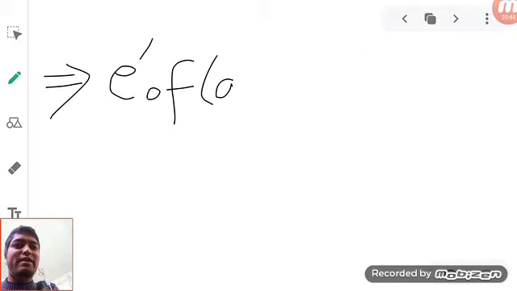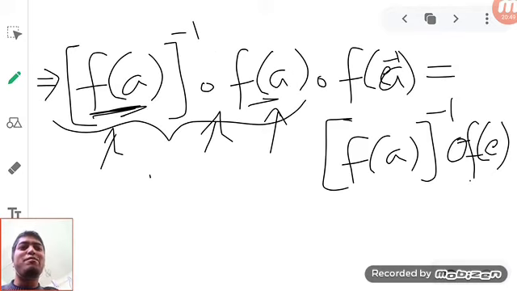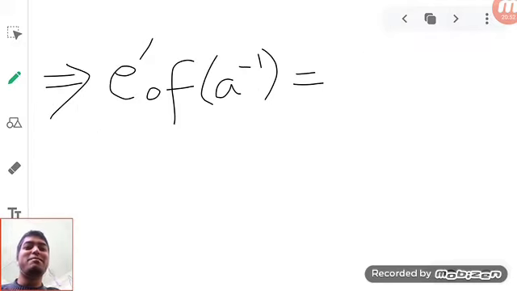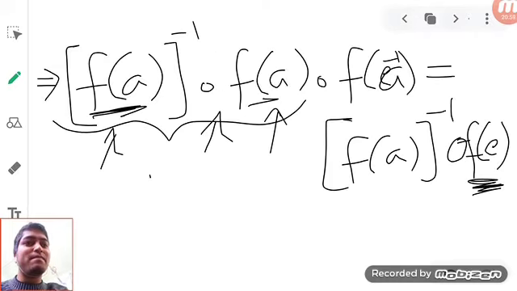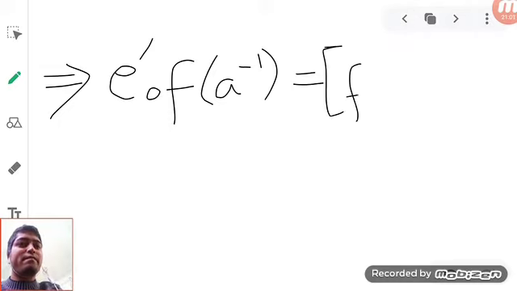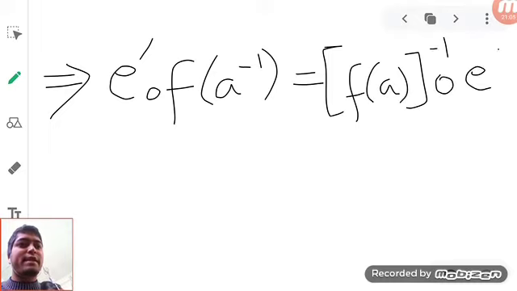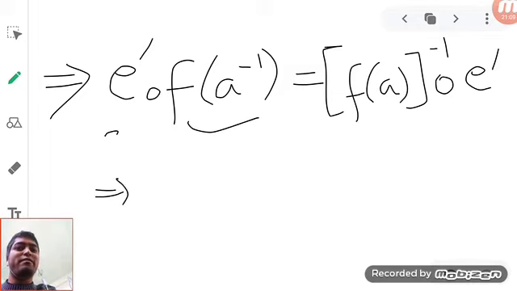times Fa inverse. And from the first theorem, how much is Fe? The first theorem says that Fe will be equal to E dash. So we are done. Identity times an element will leave you with the element.